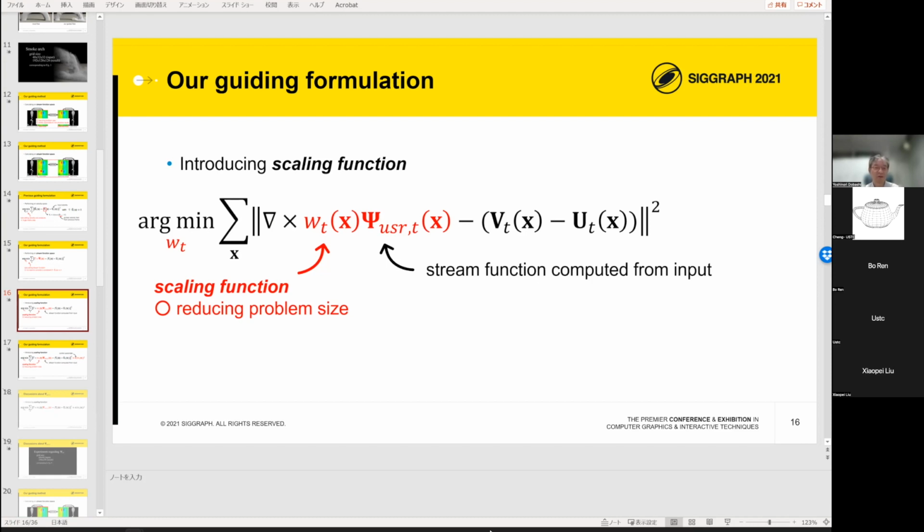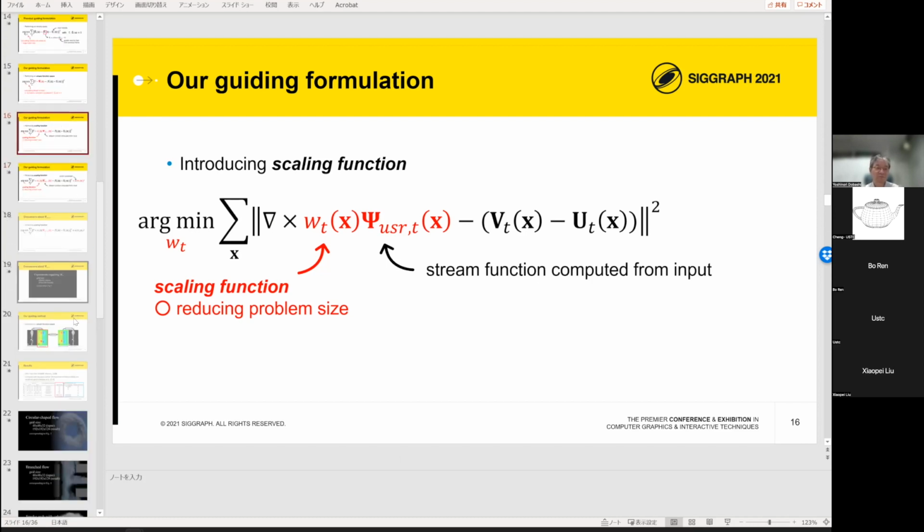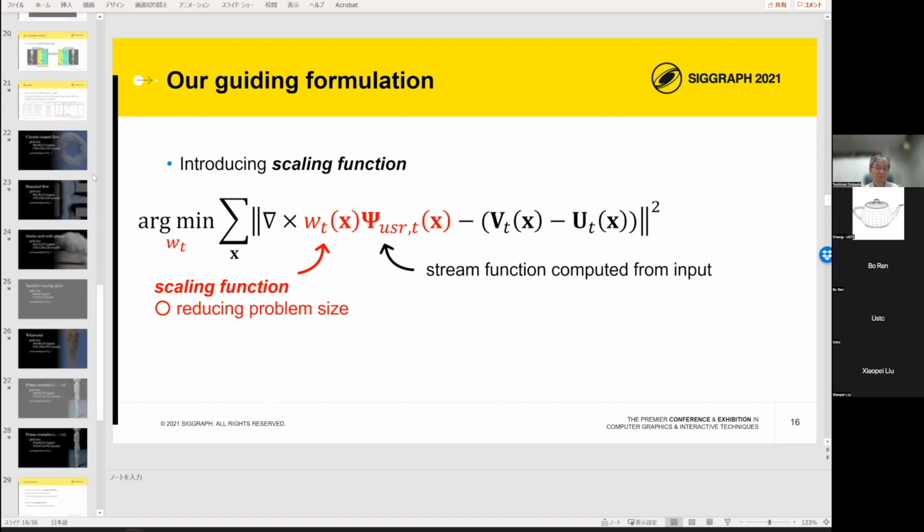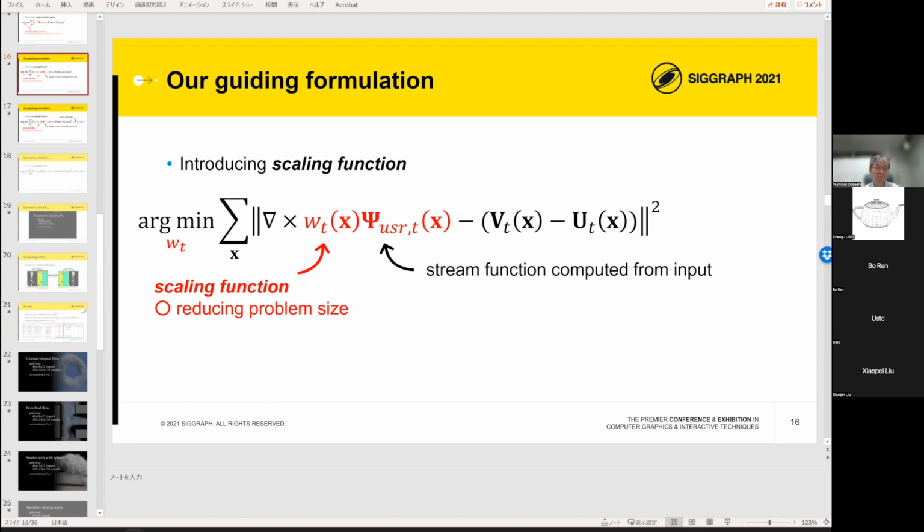Okay, I see. And then you compared your technique with a frequency domain method. I just wonder why the frequency domain method can fail in many cases. Yeah, that's a good question. Actually, we tried to find the exact reason, but we don't know why.